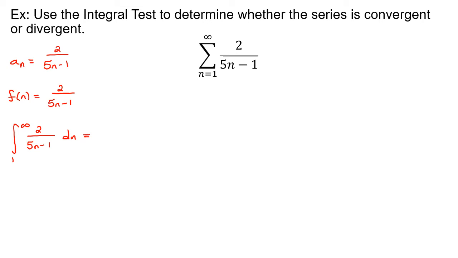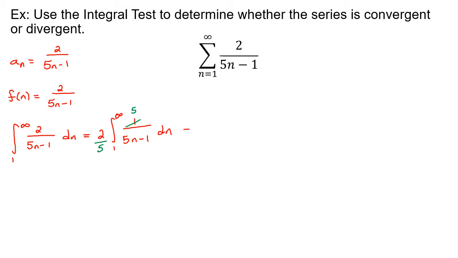I could move the 2 out in front, and to be a natural log, I have to have the derivative of the denominator sitting on top. So the derivative of the bottom is 5. So if I was to put a 5 up top and 1/5 out front, then the derivative of the bottom is sitting on top.